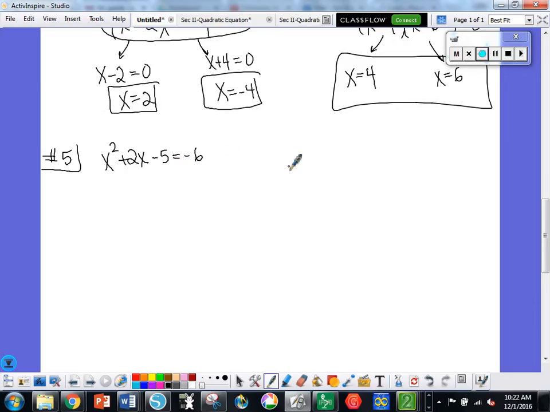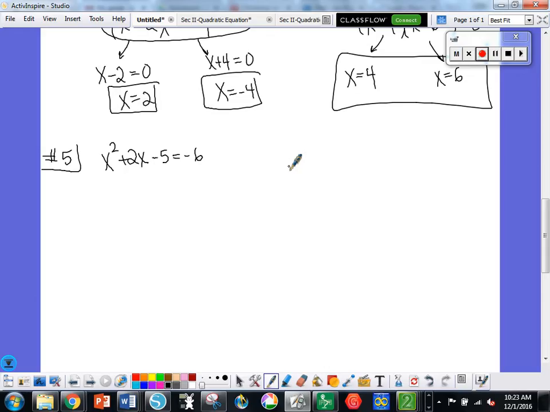What do you do if it's not equal to 0? Then what? You have to figure out, like, when you multiply, what numbers would add or subtract to negative 6. That's a good idea, though.